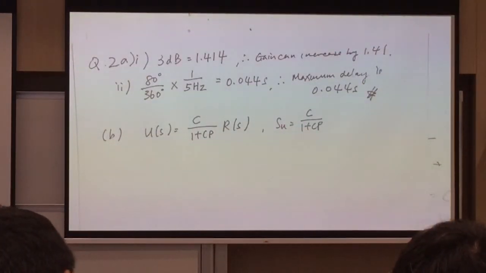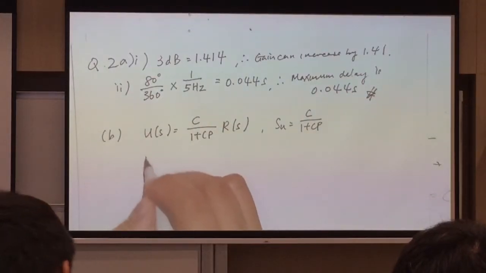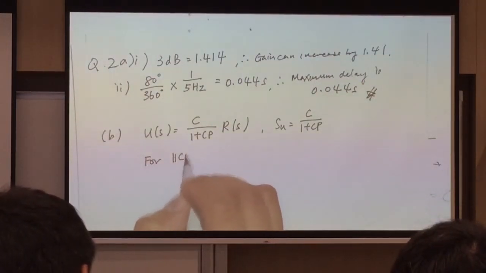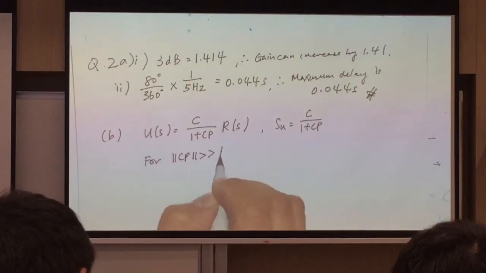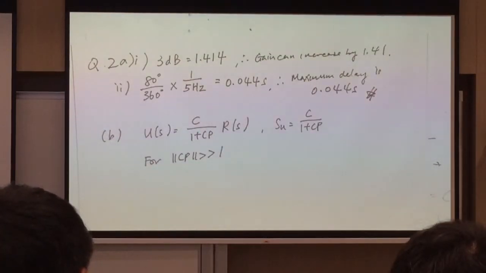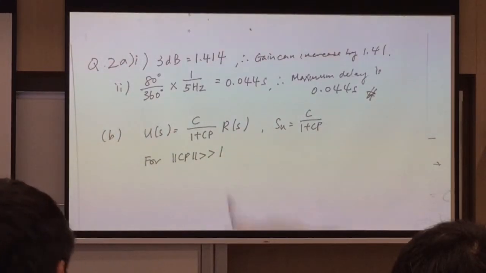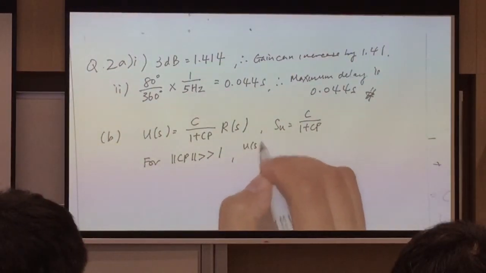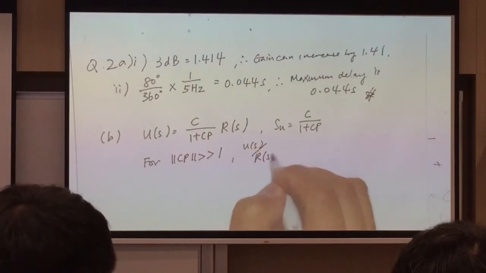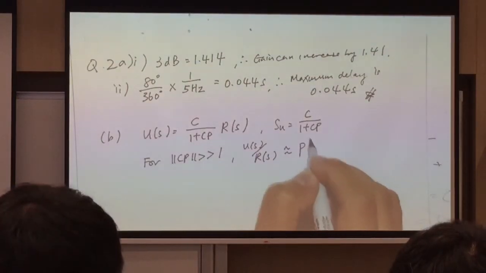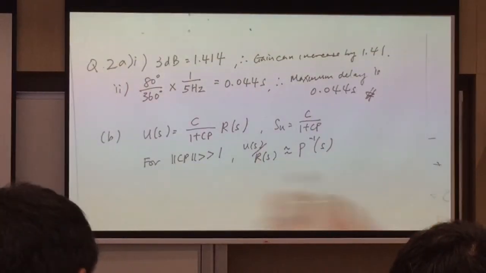Yeah? Okay? And so for CP much bigger than 1, okay, which is the case where the loop gain is high. So for loop gain is high, U(s) over R(s) is approximately P inverse (s).